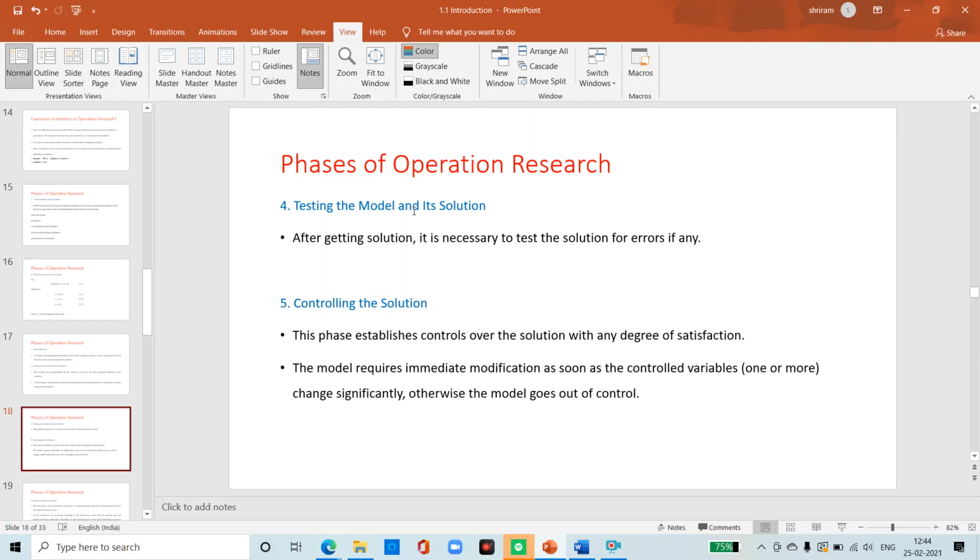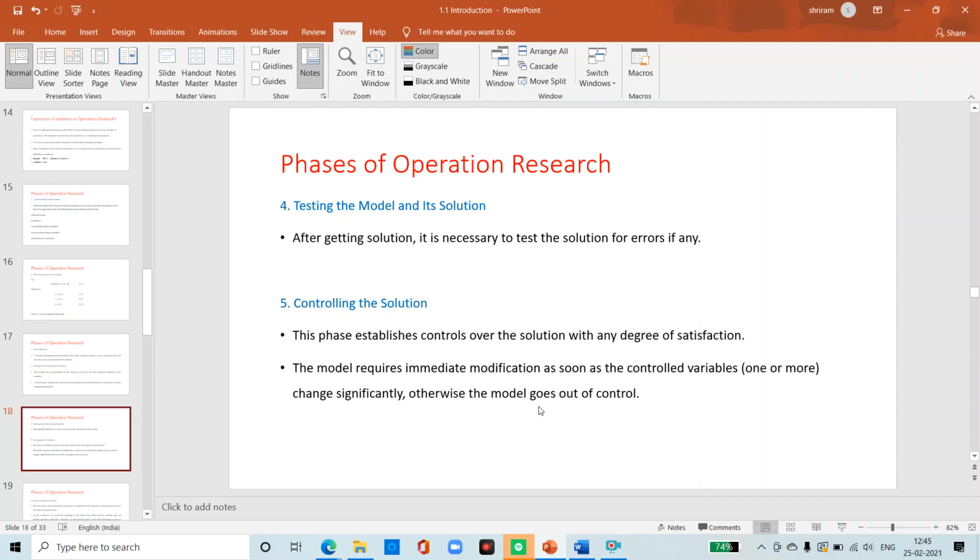Controlling the solution establishes the controls over the solution with any degree of satisfaction. The model requires immediate modification as soon as one or more of the controlled variables change significantly, otherwise the model goes out of control.